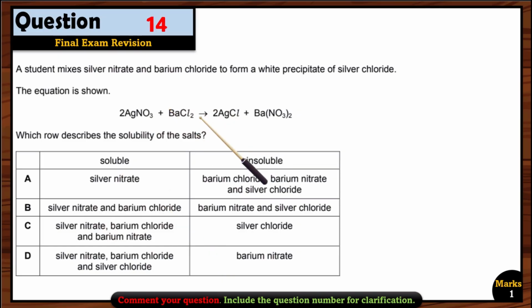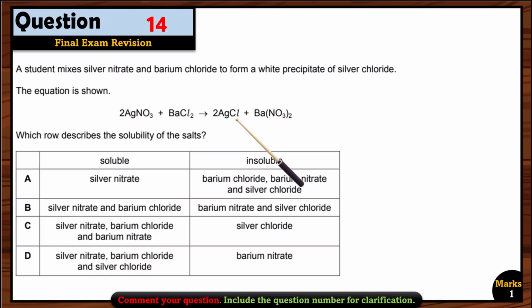But we have to see first, are these soluble or not? Barium chloride. Remember, all the chlorides are soluble except for silver and lead. So barium chloride is also soluble, right? And barium nitrate is also soluble. So AgNO3, BaCl2, and Ba(NO3)2. Silver nitrate, barium chloride, and barium nitrate. All of them are soluble. C and D can be right.